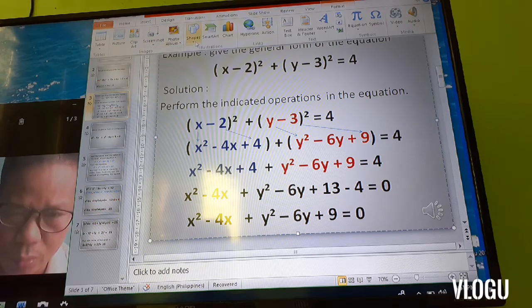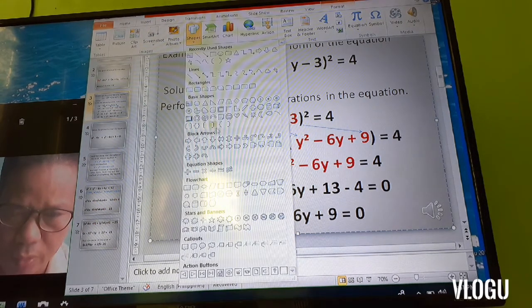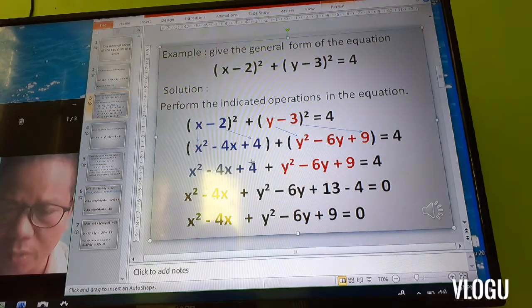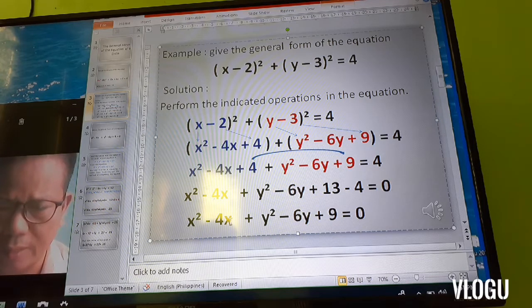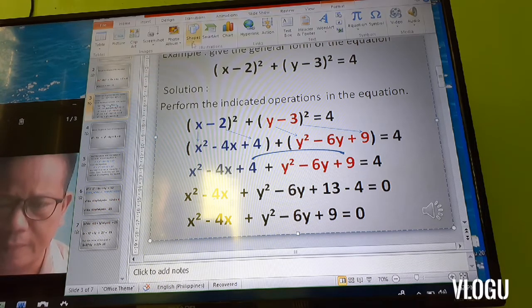So, y drop down, then minus 6y. Again, 4 plus 9, that is equals to 13. Yung 4 na nasa labas, ipinasok ko sa loob, naging 4. So, anong nangyari? We have x squared minus 4x plus y squared minus 6y plus 13 minus 4 will become x squared minus 4x plus y squared minus 6y plus 9.